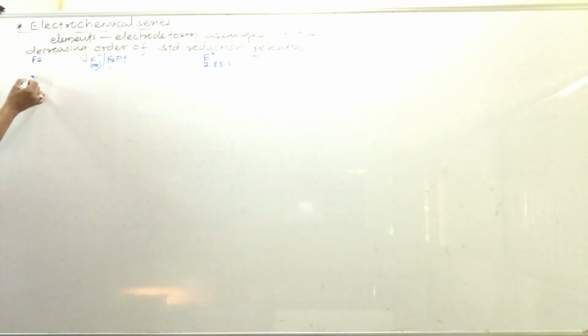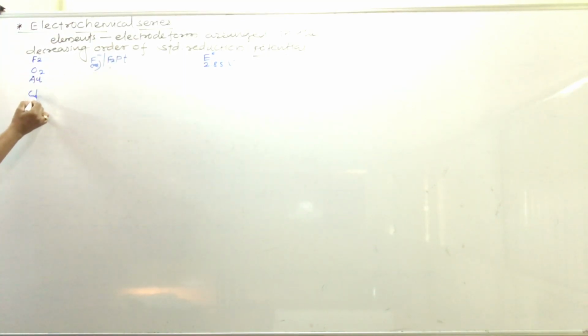Here Au, then here chlorine is there. Before it, oxygen is also there, that is O2.